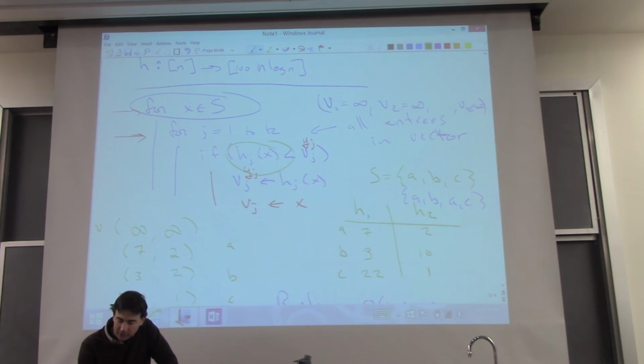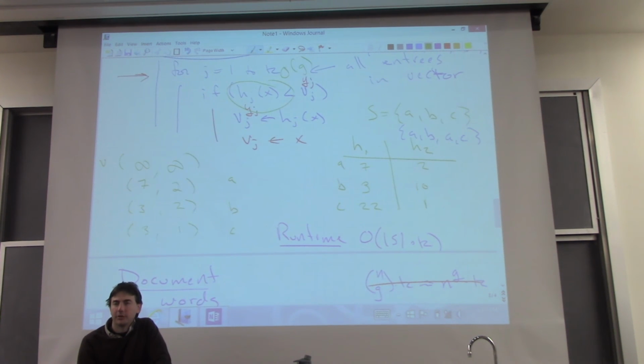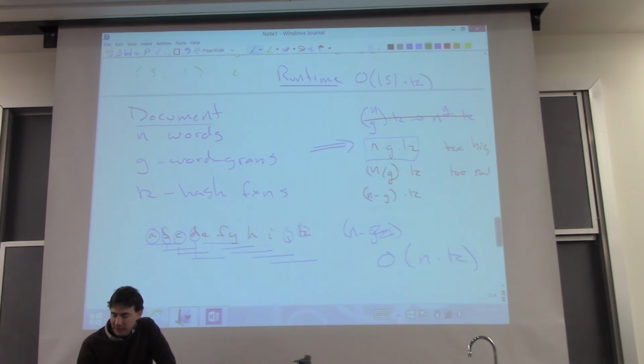So this hash function itself would roughly take O of G time. So this would take longer to process if I had a larger gram. So actually I will go back and say that this was the right answer.